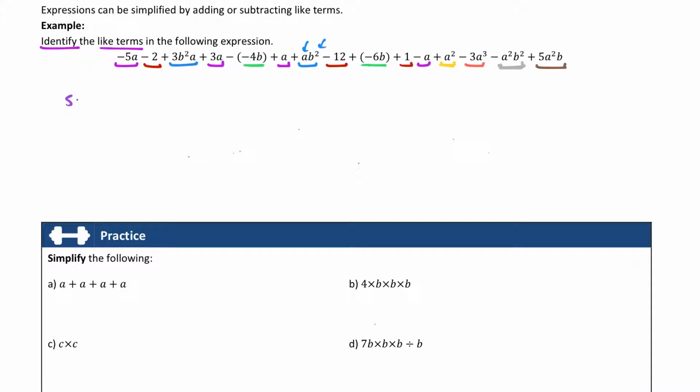Now to simplify simple expressions, the steps to do are: first identify like terms.